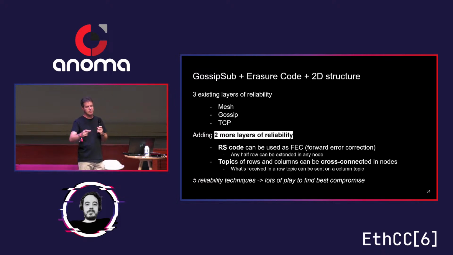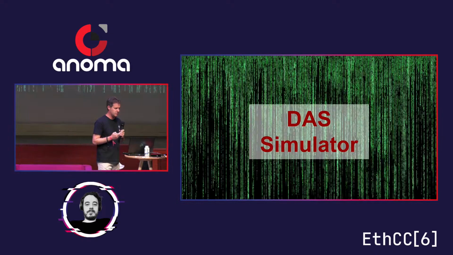So I can just send some of the segments from that row, and the other side, if it has enough, can restore the whole row. And then we have another mechanism, because we have the rows and the columns. So if you receive something on a row, then you can switch it to the column and send it on the column. So it is a complex system which has 5 reliability mechanisms, and we don't really know how to play it, so there are lots of things to study, which we like.